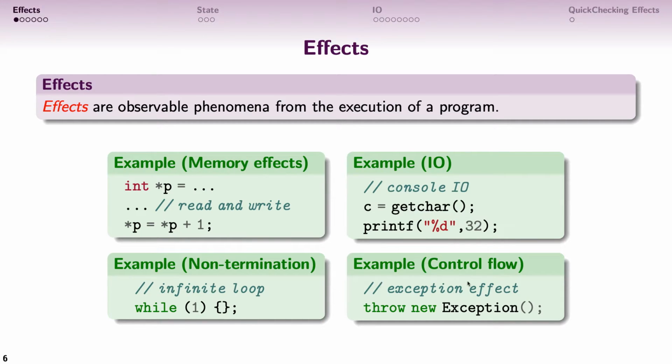But these two bottom effects here, non-termination and control flow effects, are possible in Haskell functions. For example, if we have head of an empty list, we know that that's a partial function and it can result in a crash, right? I just said it was a crash, but actually it's an exception, which means it's a non-local control flow event.